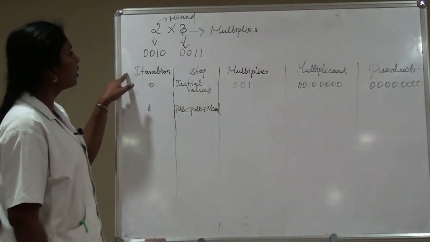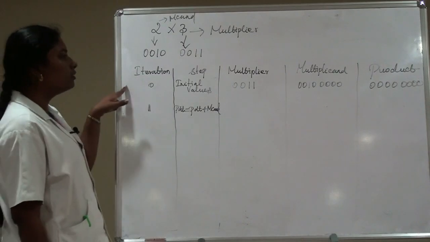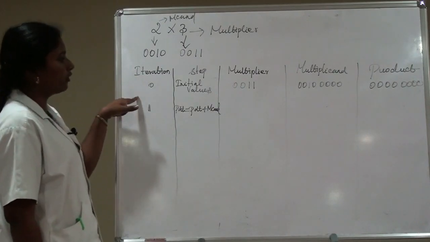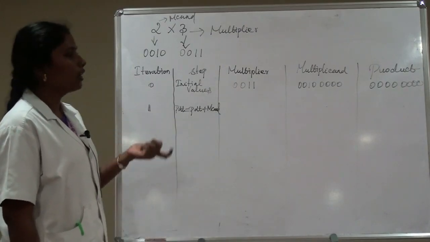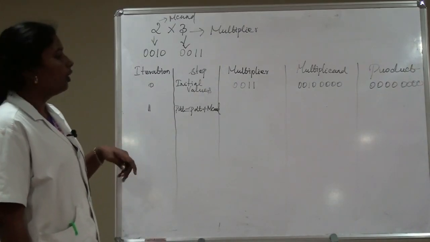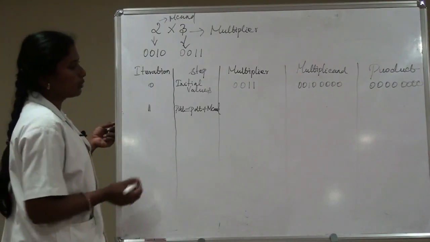I am going to convert 2 into its binary equivalent form and 3 into its binary equivalent form. This is the 0th iteration. I have to initialize the values: what is the multiplicand, what is the multiplier, what is the product value? Product is initially 0. Next I have to perform the corresponding operation.